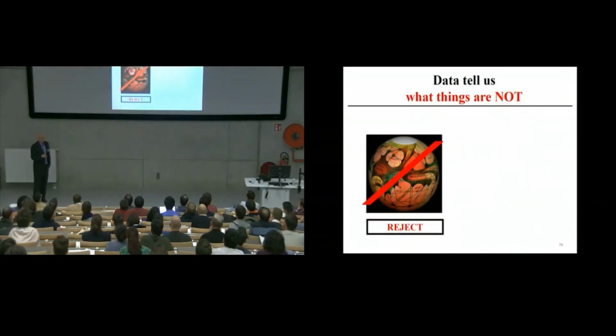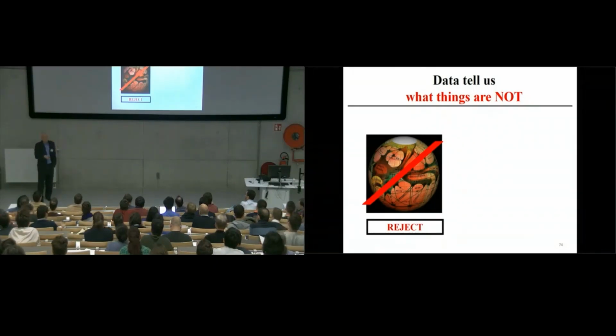Basically, what the data does for you is not to tell you what things are. It doesn't tell you the truth. It tells you what is not the truth. This is the only thing that the data tells you. They can tell you, well, this is not true. If you want to know what is true, you have to keep going through the cycle.